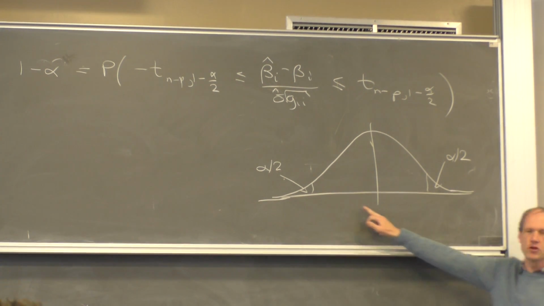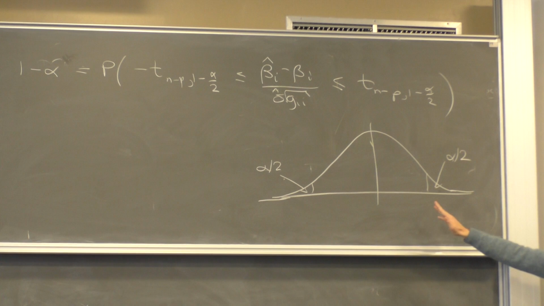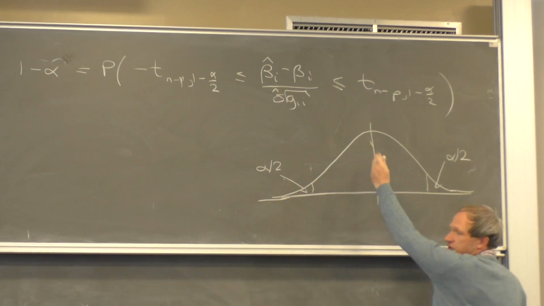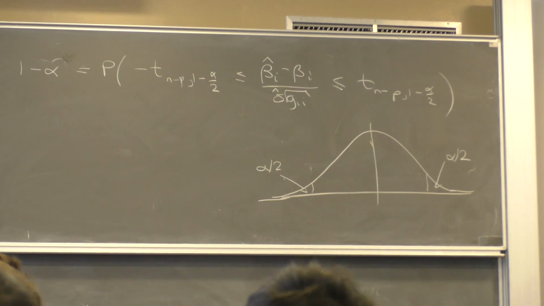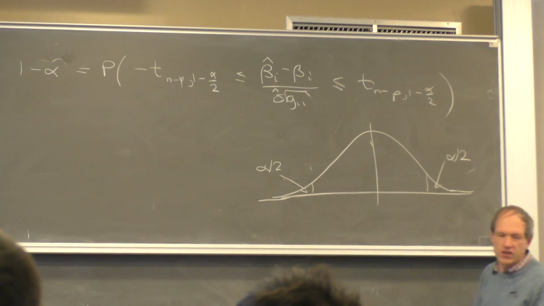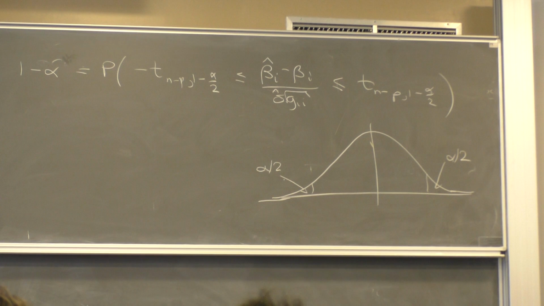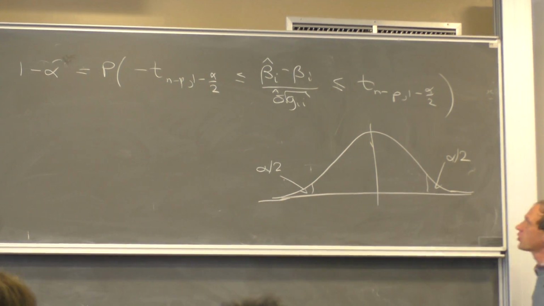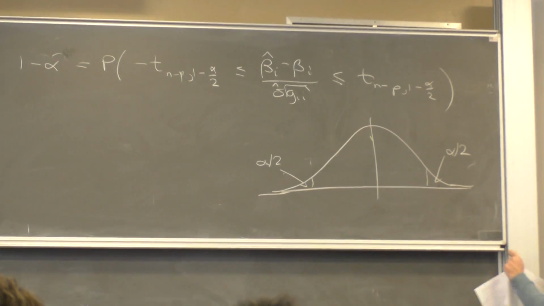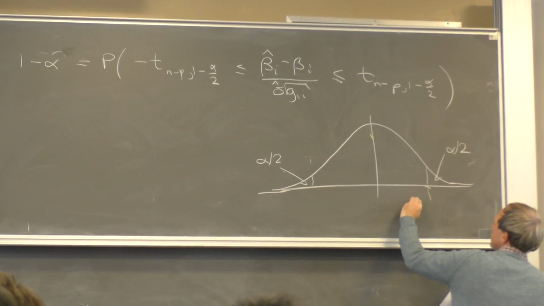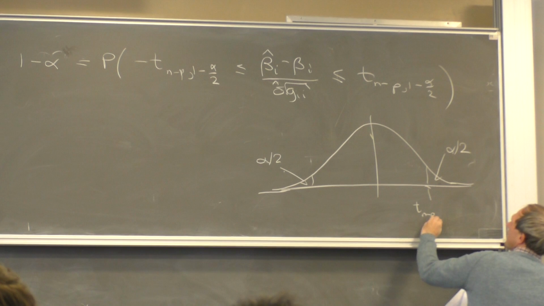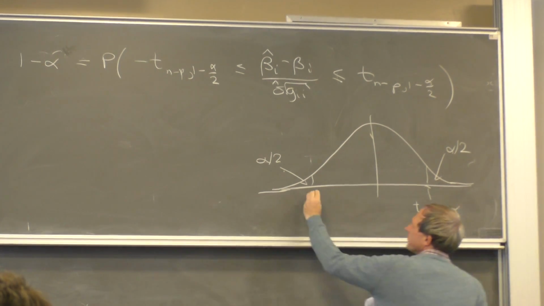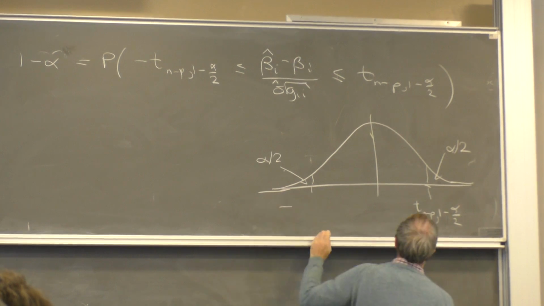If we add those two bits together, we get alpha. So the probability of being outside the range given here is alpha, and the probability of being inside it is 1 minus alpha. This picture shows you what's going on. This point here is t_{n-p}(1 minus alpha over 2), and this one is minus the same thing.